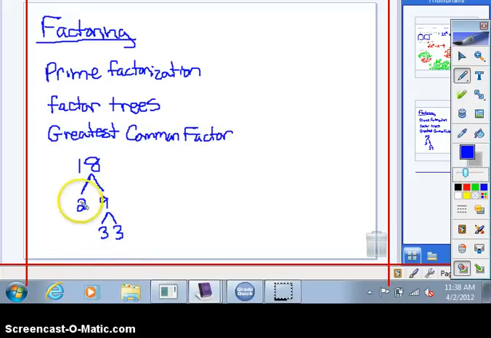So our prime factorization happens when all of the numbers that we are left with are prime numbers. Prime meaning that the only factors it has are 1 and itself. 2 cannot be split into anything else other than 2 times 1. Same for 3. So we can see that 18 factors into 2 times 3 times 3.